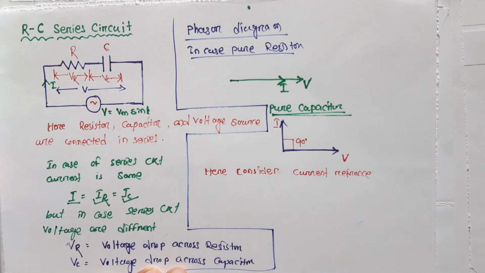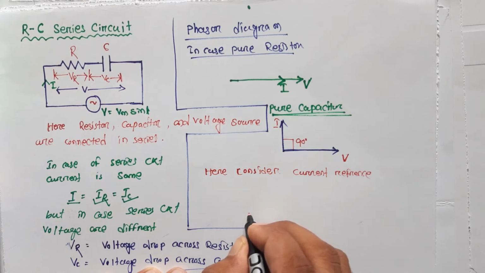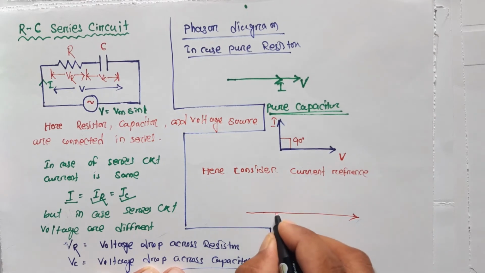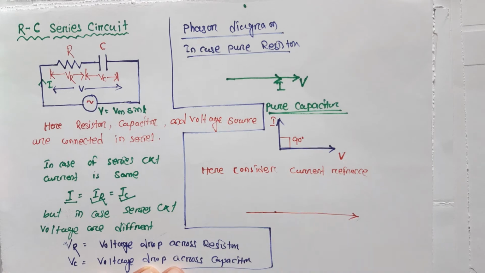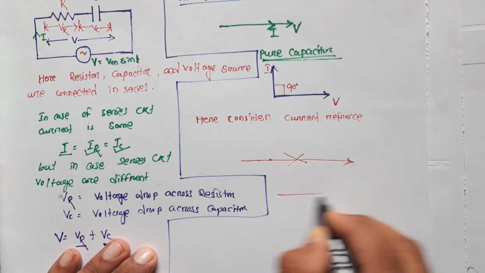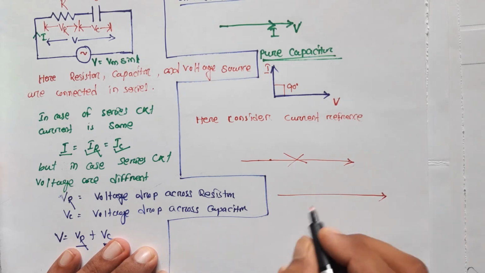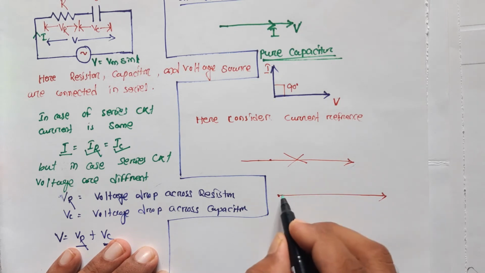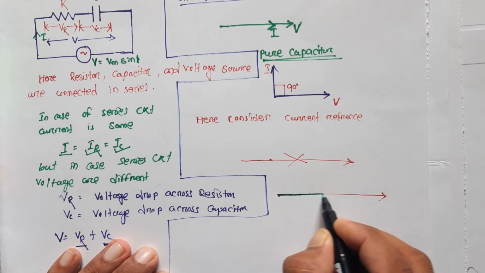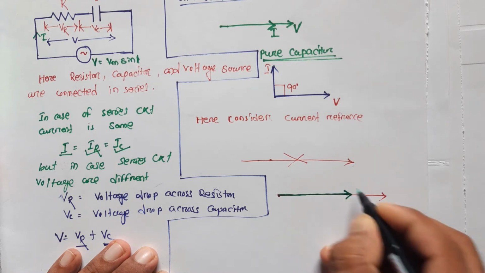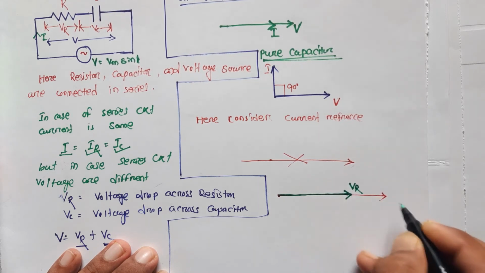Here is the current I. Then the voltage across the resistor, VR, is drawn in phase with this current.